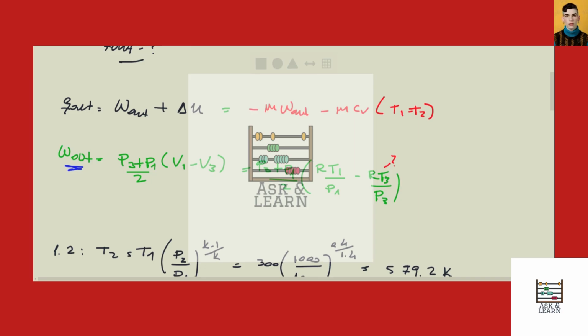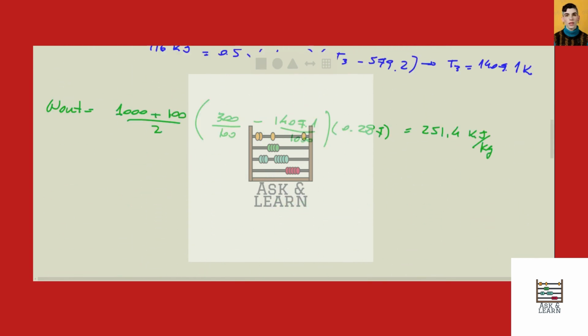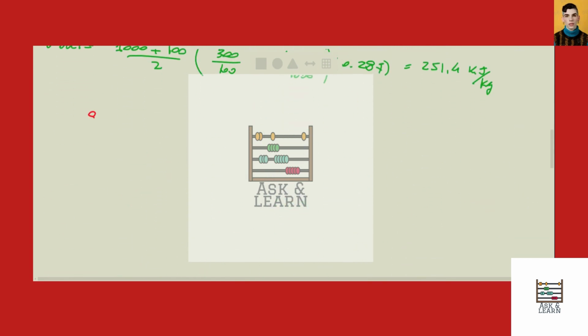Okay? So let's do this calculation here. The Q output is just minus the mass, which is 0.5, that multiplies 251.4 plus 0.718, which is the Cv, that multiplies 300 minus 1407.1.